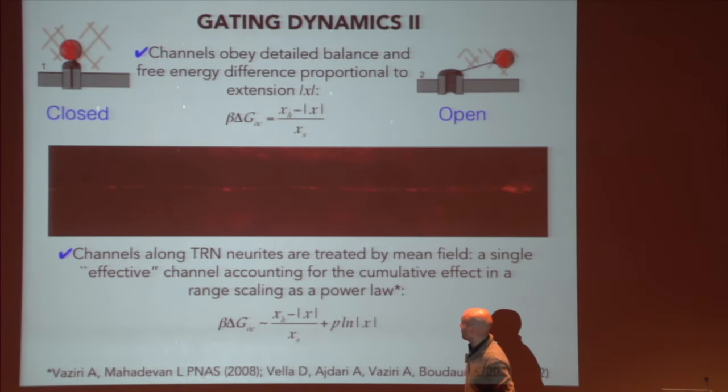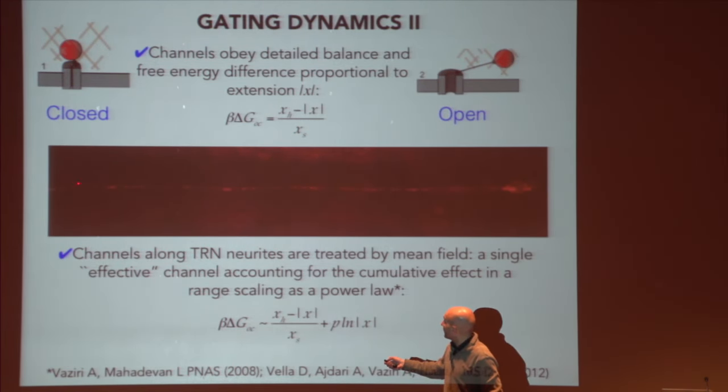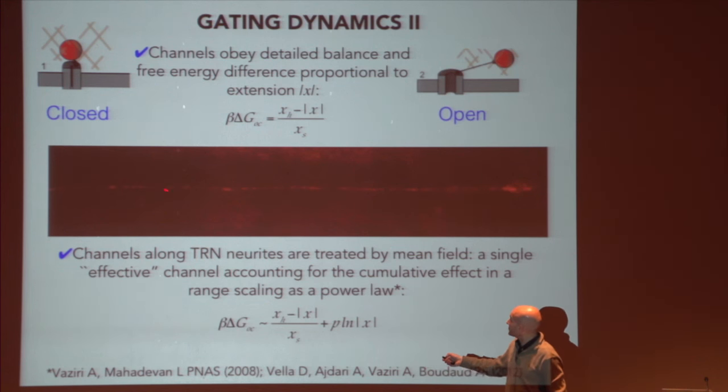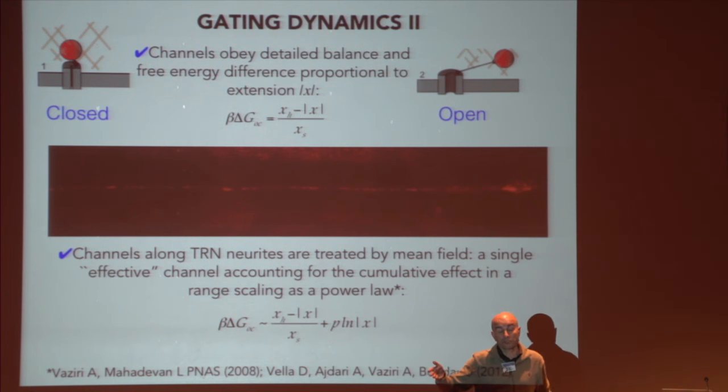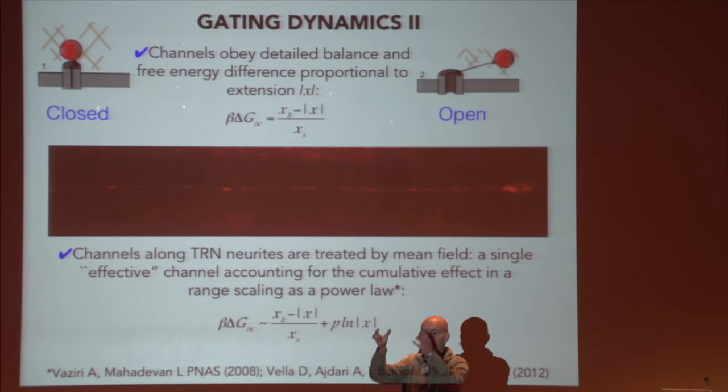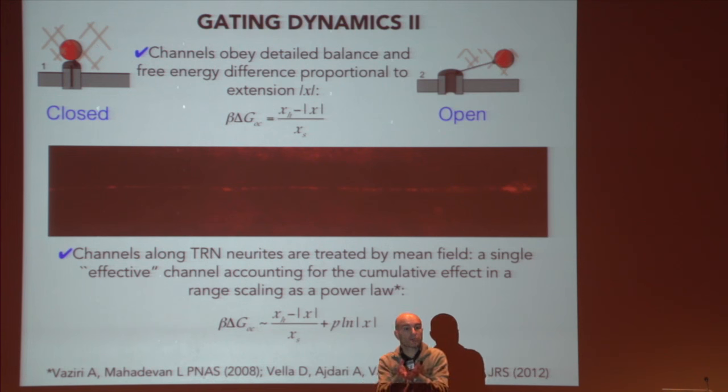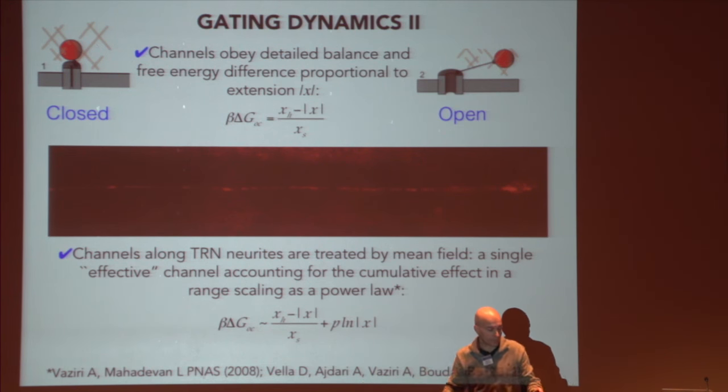The only thing left before I can show you the results is how to treat the different channels, okay? Because you're applying a force here with the ball. Clearly, all these channels are not equivalent because they're positioned at different distances from the indentation point of the ball. So clearly, they will not respond the same way.